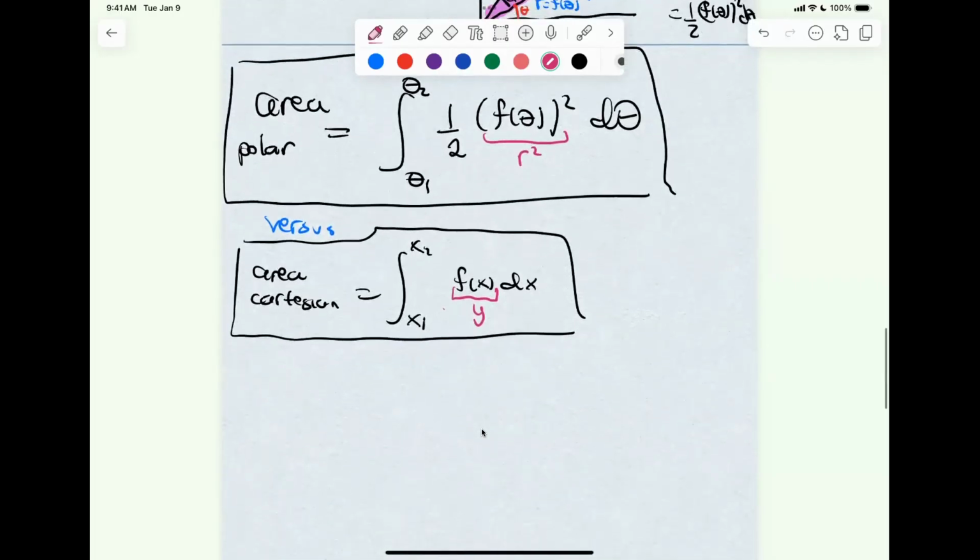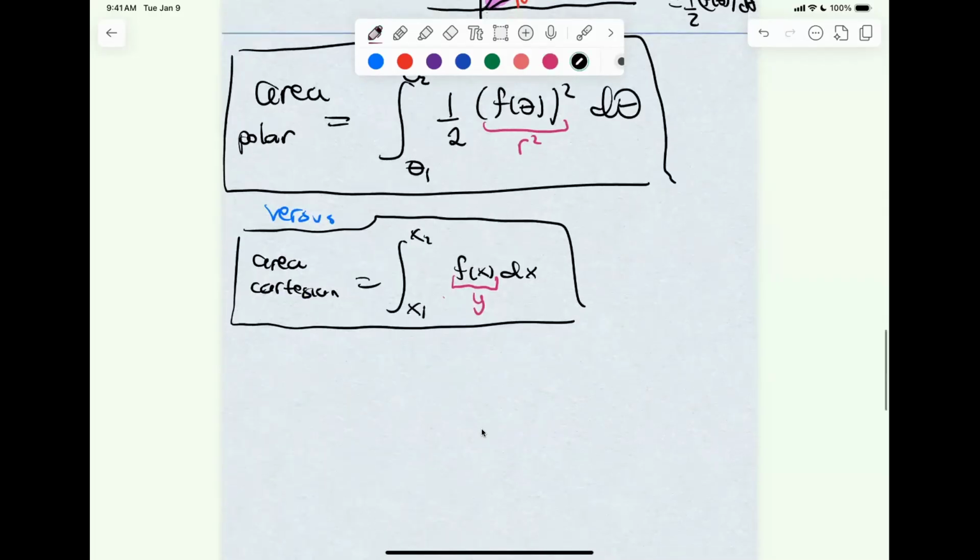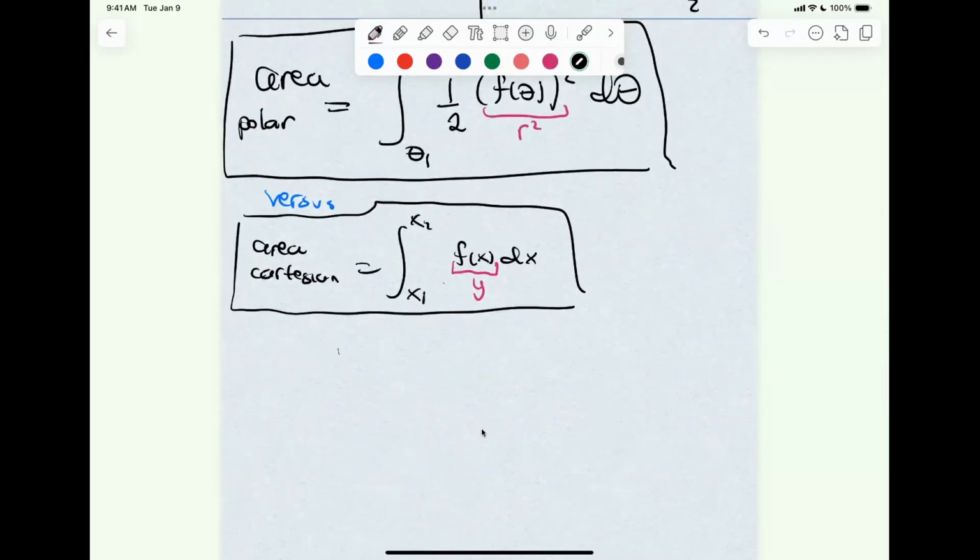So let's just find the area of the cardioid, just to show you how that works. As an example, find the area of the top half of the cardioid.